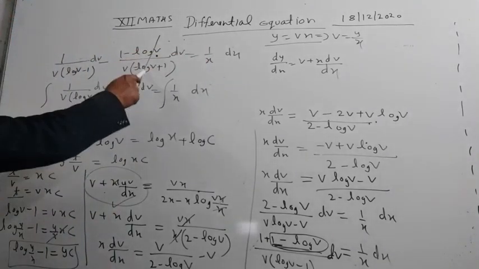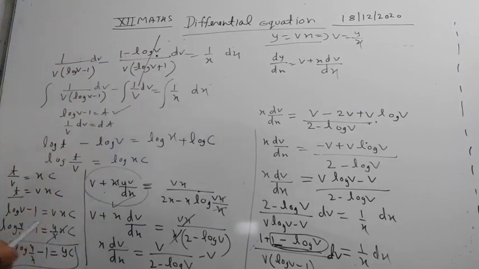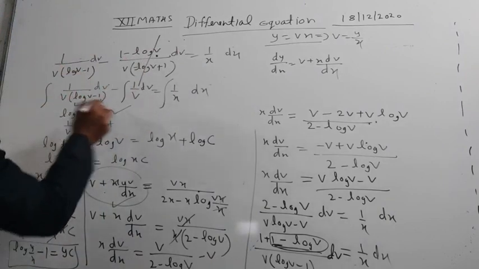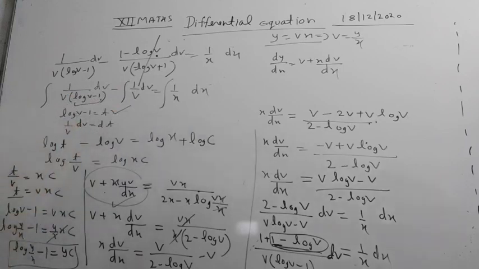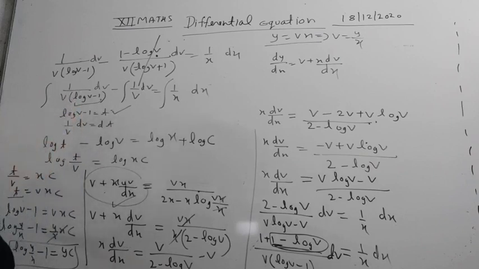Now this term will be cancelled, the remaining term will be this. Now integrating this, we are supposing that this term is t, so 1 by v dv will be equal to dt.